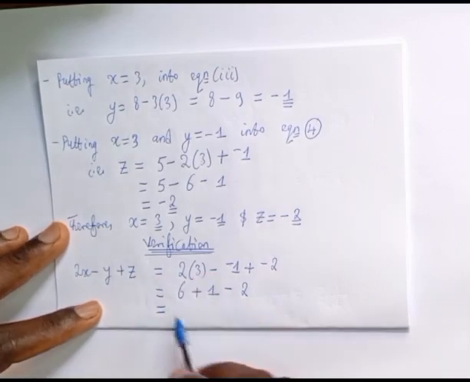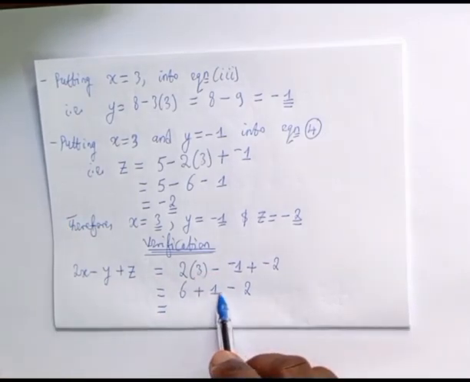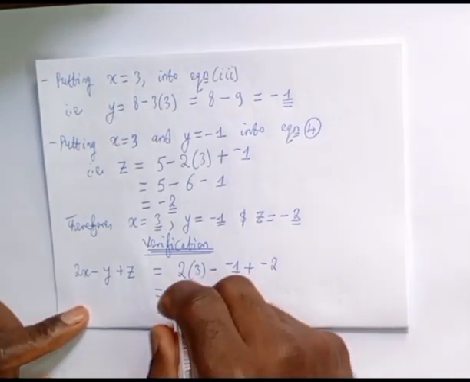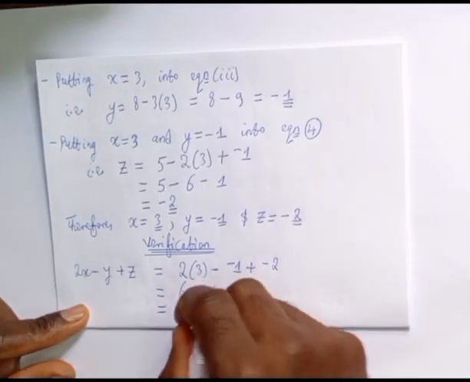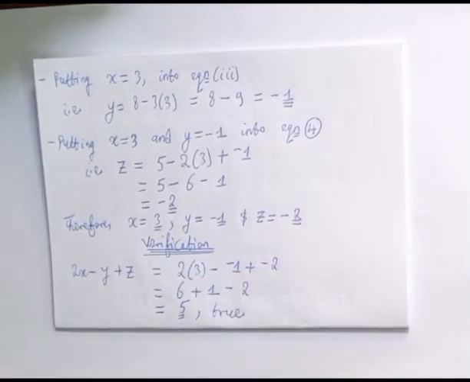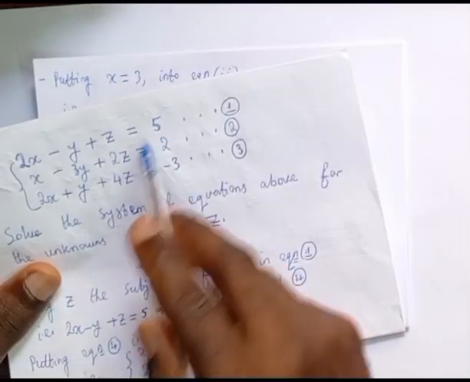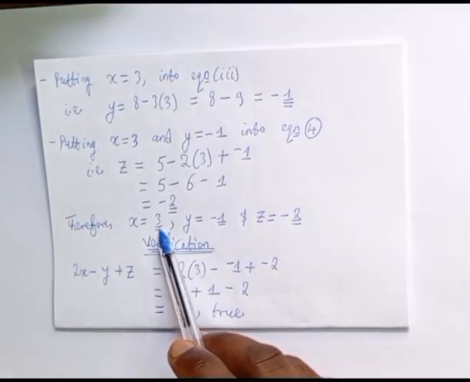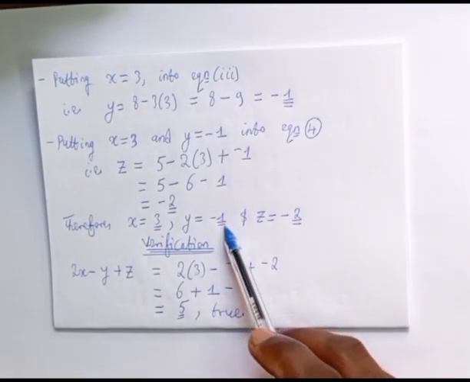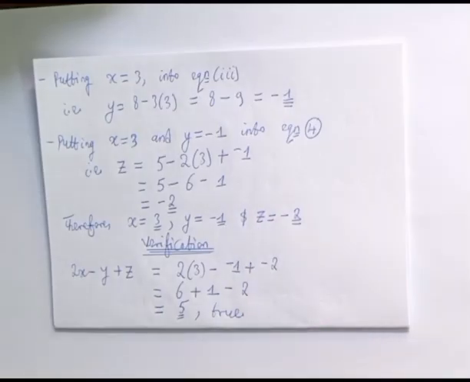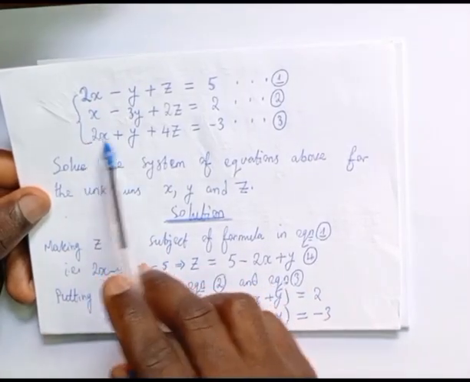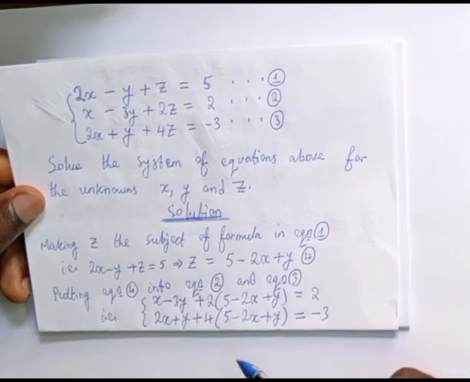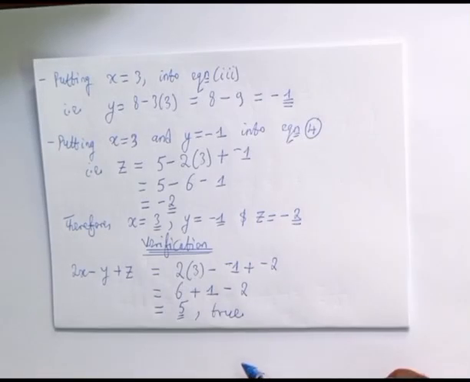This will simply be equal to 6 plus 1 gives us 7. 7 minus 2 gives us 5, which is true. This is it. Therefore, x is equal to 3, y is equal to negative 1, and z is equal to negative 2. This is how we solve a system of 3 equations with 3 unknowns.